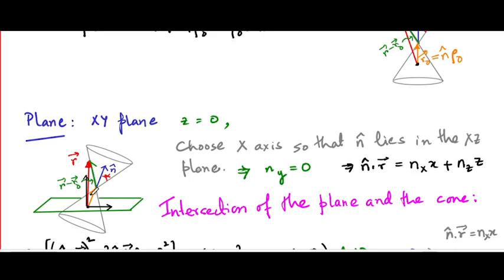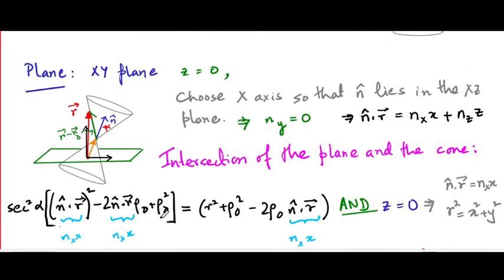Or if you want it the other way around, you take your n hat vector, which already has a component perpendicular to our plane, something which is fixed the moment the plane is fixed, and a component parallel to the plane. What we will do is we will simply choose the direction of that component parallel to the plane to be the x-axis. Of course, that makes ny 0, so that n hat dot r simply becomes nx x plus nz z.